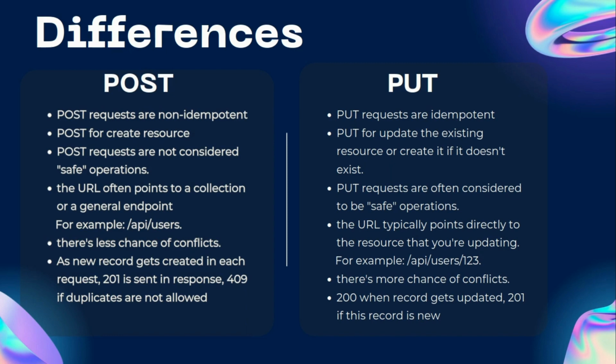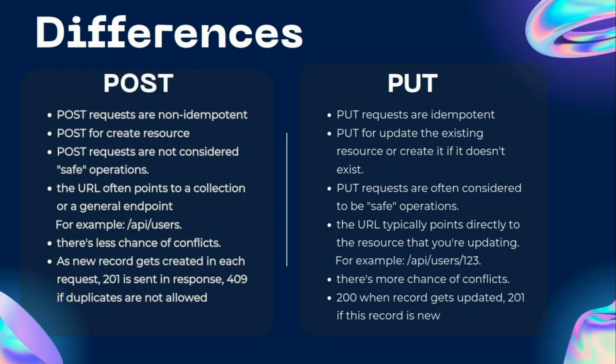In the case of a POST request, it is for creating a new resource. POST will not function as updating an existing record, but PUT can function as creating a resource as well as updating the resource. So this is the second difference between POST and PUT.